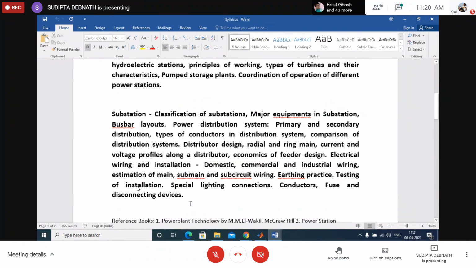Next day we will study electrical wiring and installation, domestic, commercial and industrial wiring, estimation of main, submain and sub-circuit wiring, and if possible conductors and earthing practice. I think I need 2 more days for covering all these things.